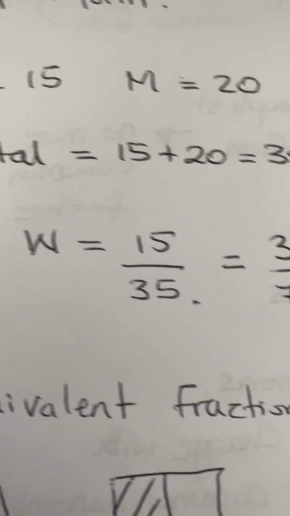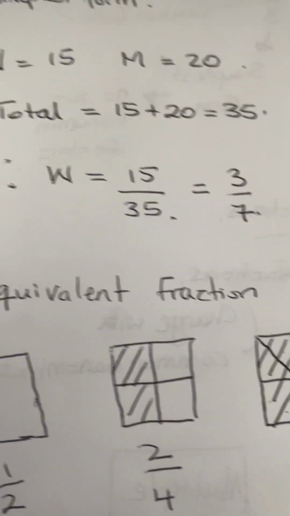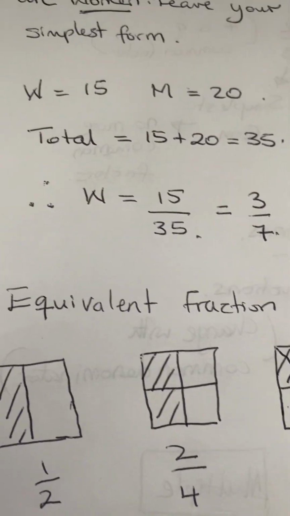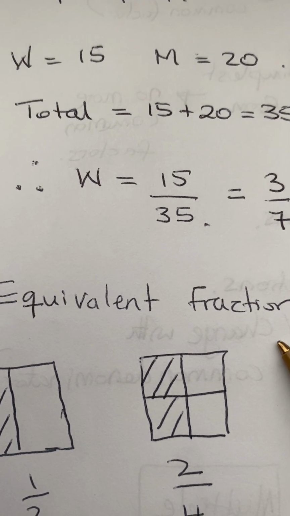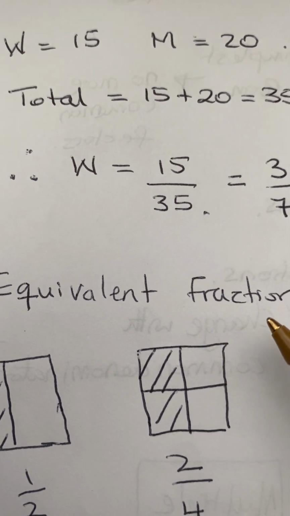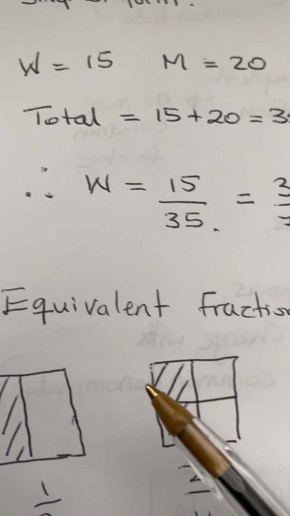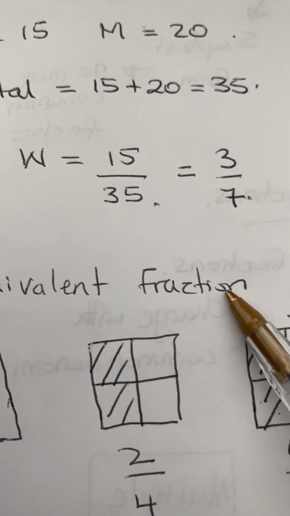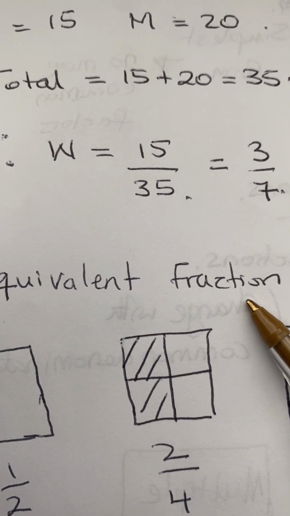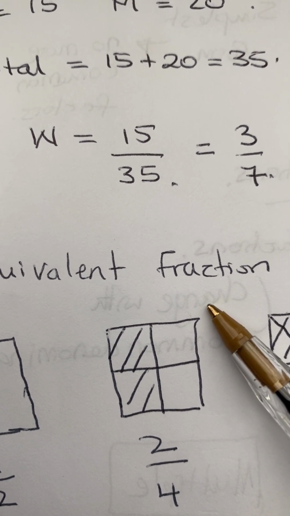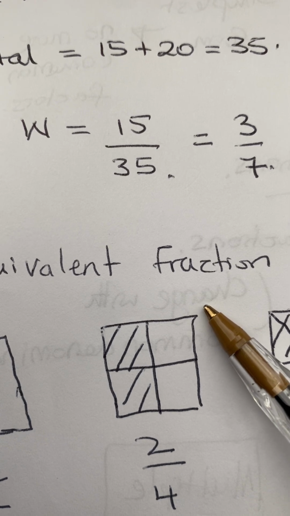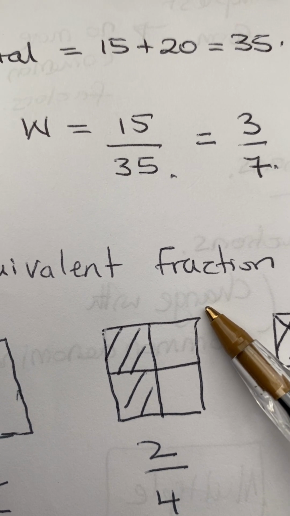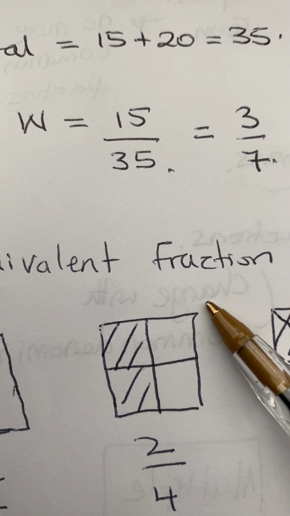Now, equivalent fractions. When we were doing mathematical symbols, I showed you the sign of equivalent fractions. Here, equivalent fraction might just mean similar or same. They are the same when you reduce them to the lowest form.